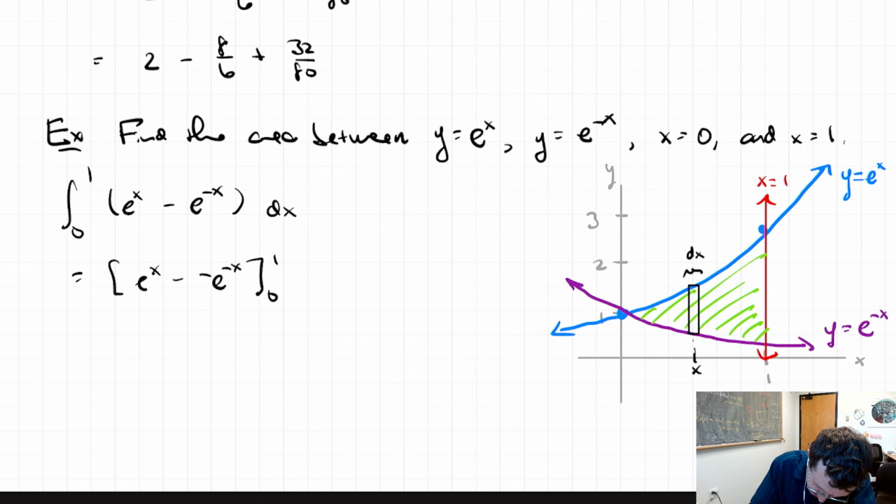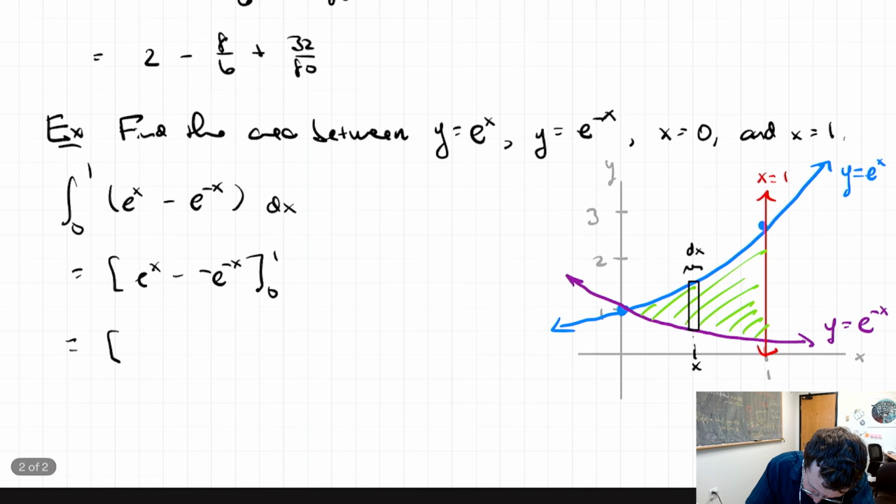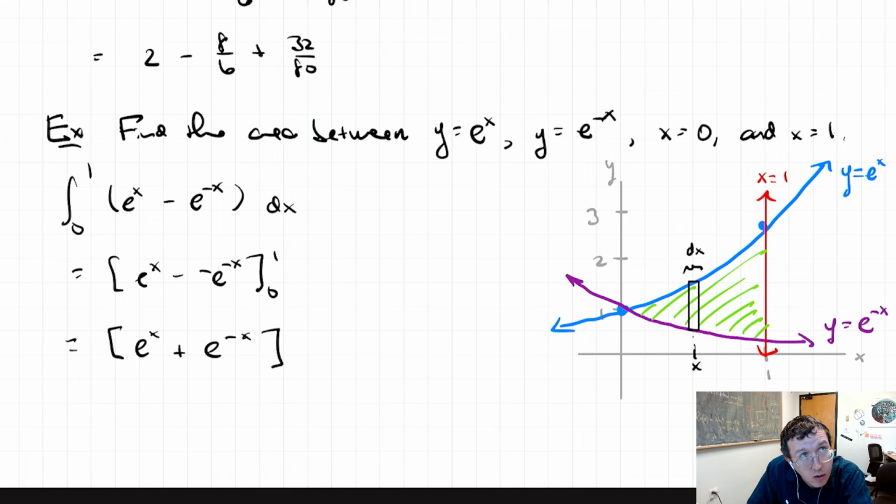So I would find an antiderivative, which ends up just being, oh no, sorry, that's not right. e to the x plus e to the minus x. Yep.